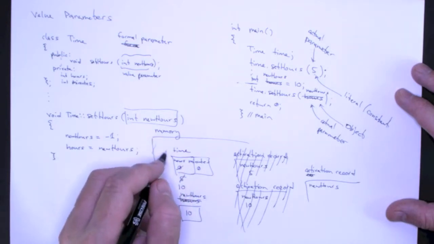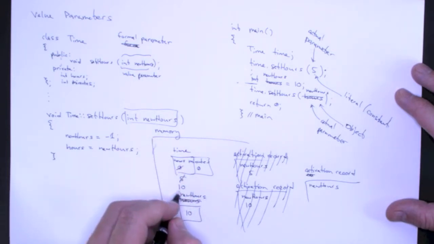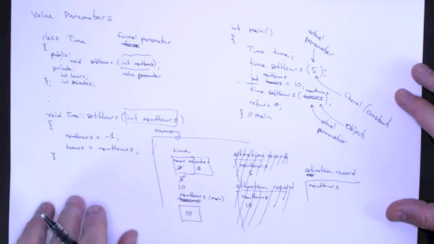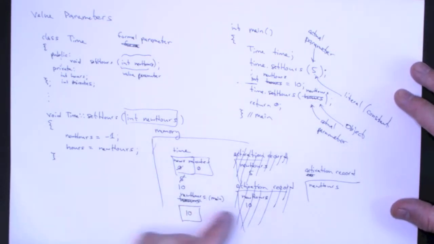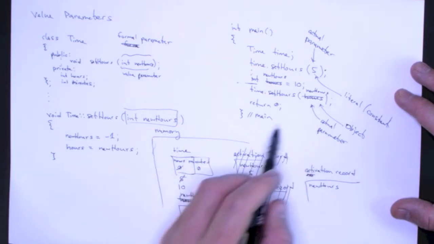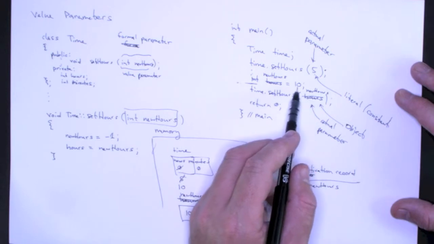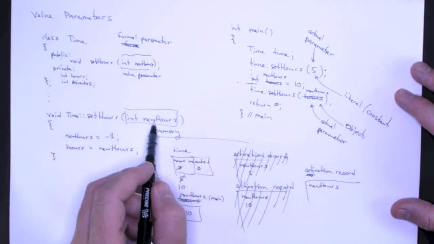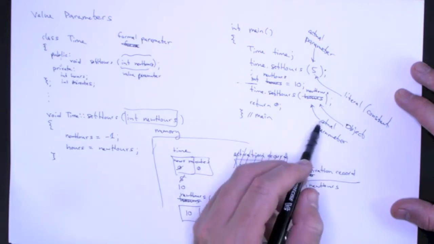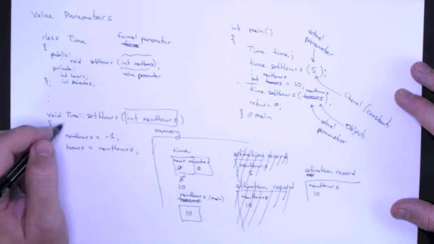So this is in main, right? So I'll just say this belongs to main, or it's in the scope of main. And now I map my actual parameters to the formal parameter. So I'm copying new hours, which has the value 10, into the parameter called new hours, which has the value 10. Now that I've mapped the actual parameters to the formal parameters, I execute the body.